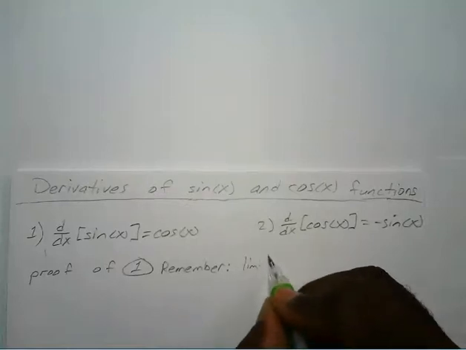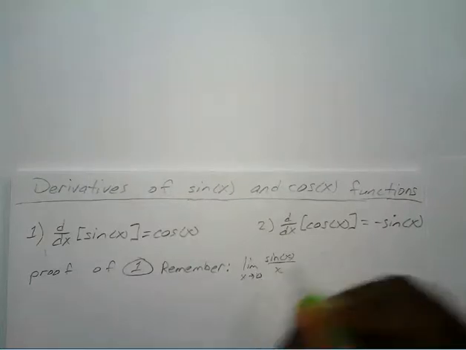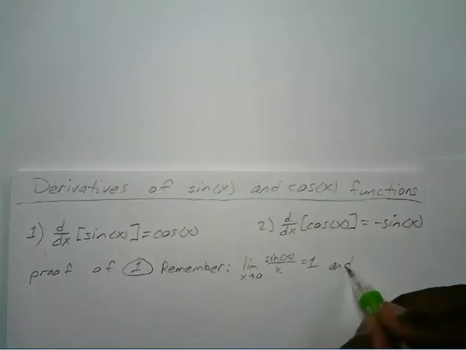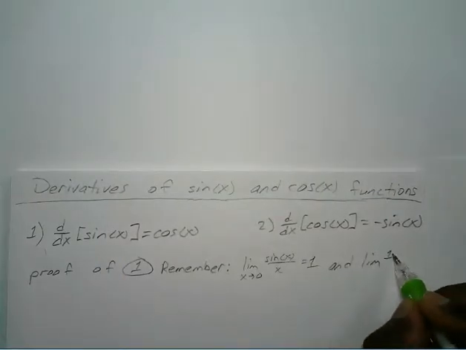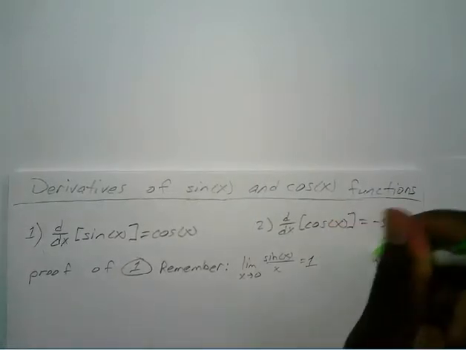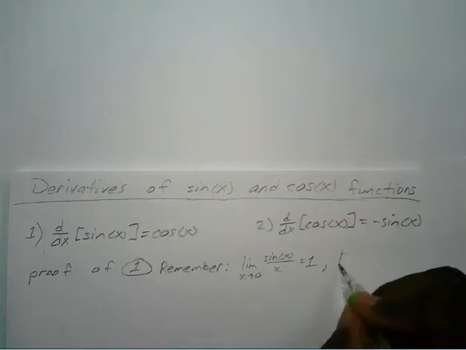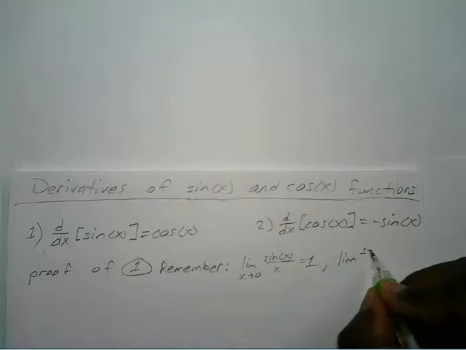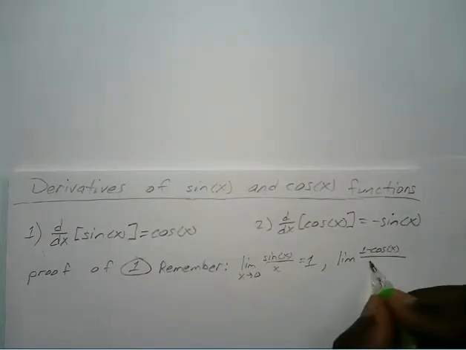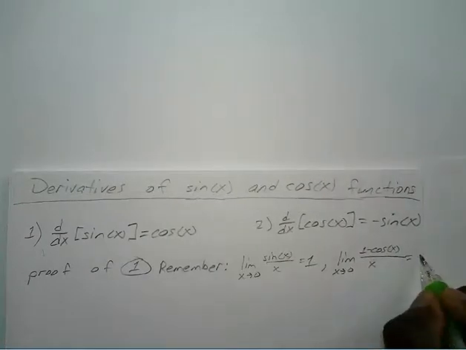The limit of sine of x over x as x approaches 0 equals 1, and the limit of 1 minus cosine of x all over x as x approaches 0 is equal to 0.